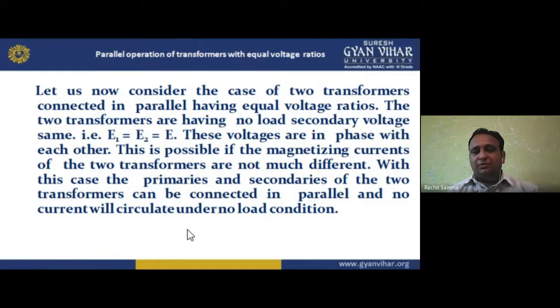If they are different, we can't have this equal voltage. In this case, the primaries and secondaries of the two transformers can be connected in parallel, and no current will circulate under no-load condition. In unequal ratio we have the circulating current, but with equal ratio, no circulating current will take place due to the magnetizing current.